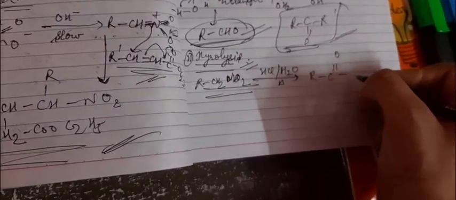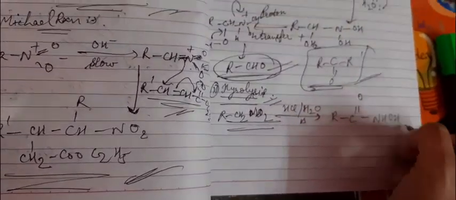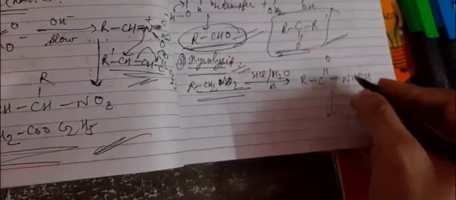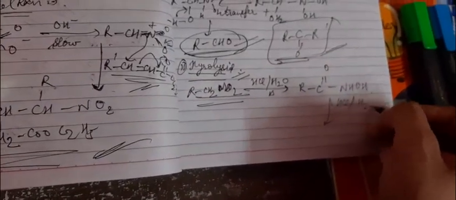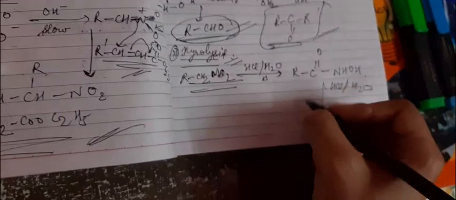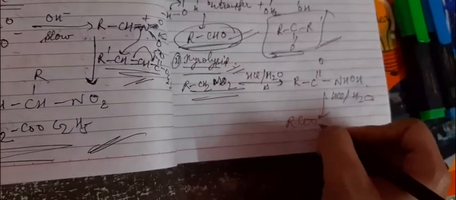The product formed is RCONHOH. Now again treating it with HCl in presence of water, we get the corresponding carboxylic acid, which is RCOOH, plus hydroxylamine hydrochloride as a side product.